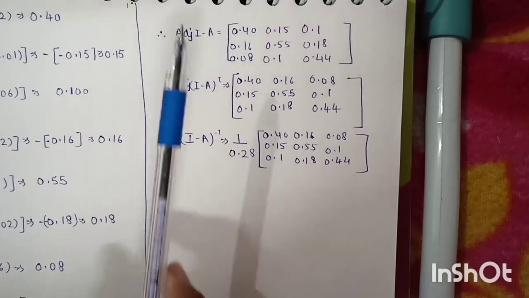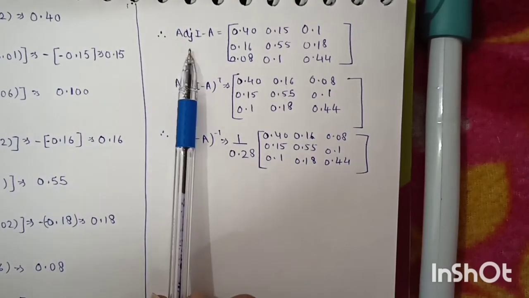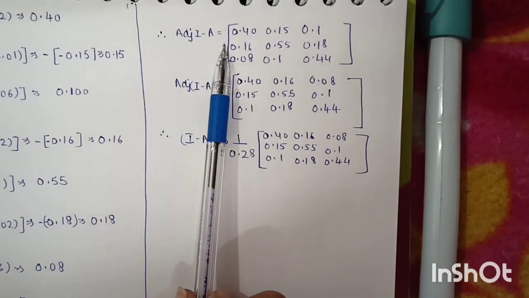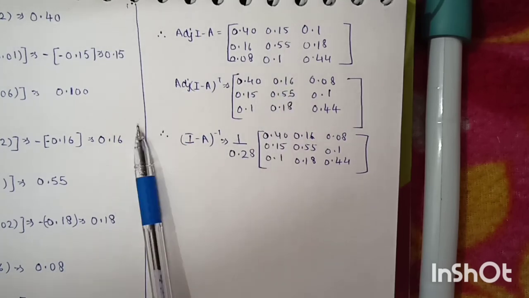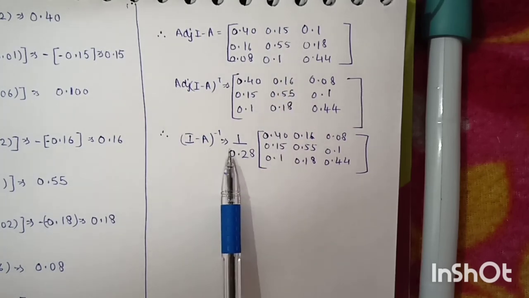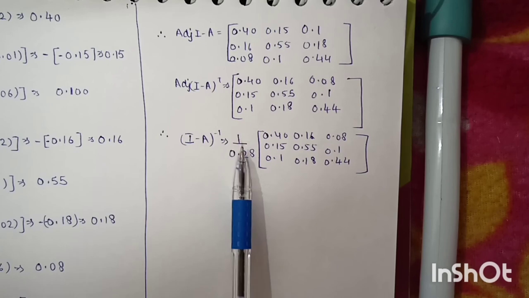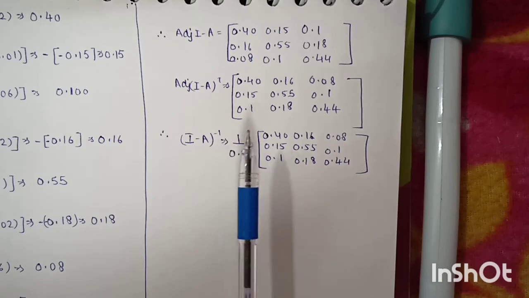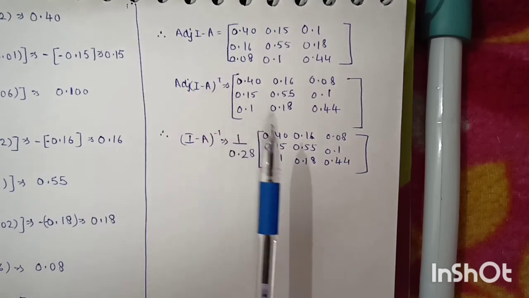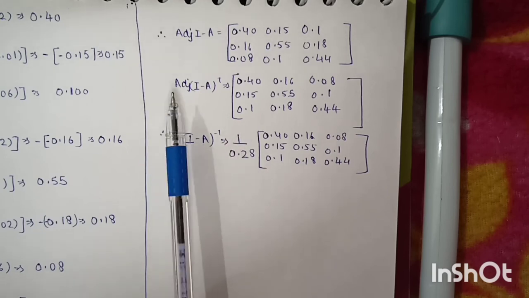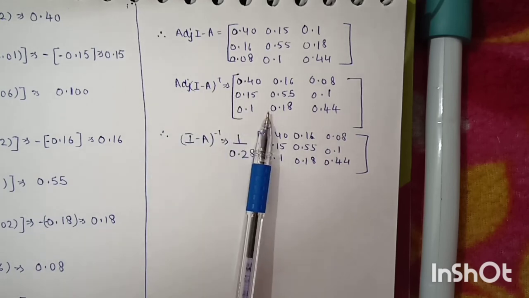Students, you will be able to see that we have found the adjoint of I minus A, and as the formula says, (I minus A) inverse equals 1 upon the I minus A determinant multiplied by the adjoint of I minus A, which is the transpose. So we have also found the transpose.